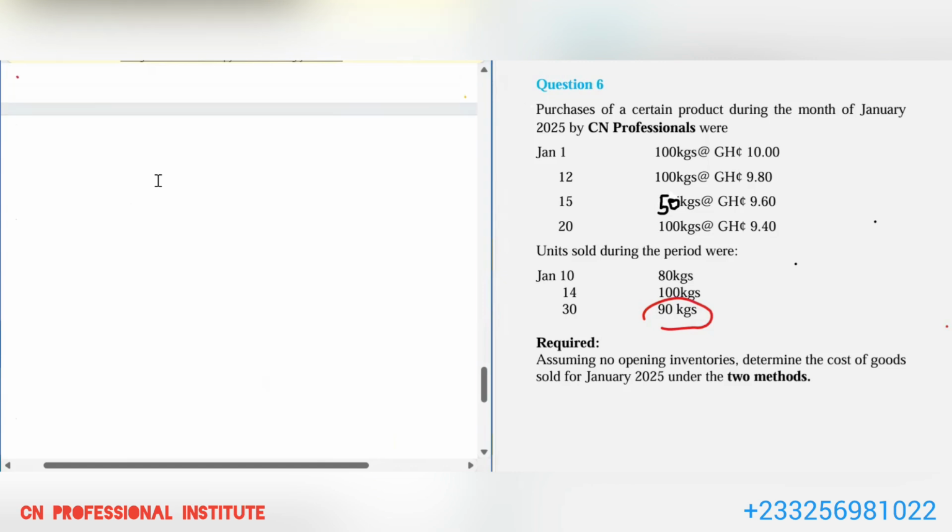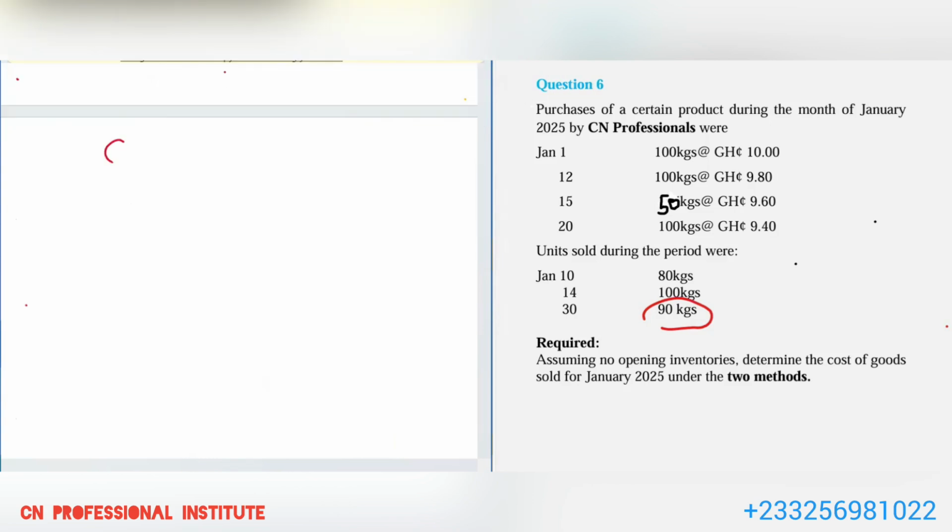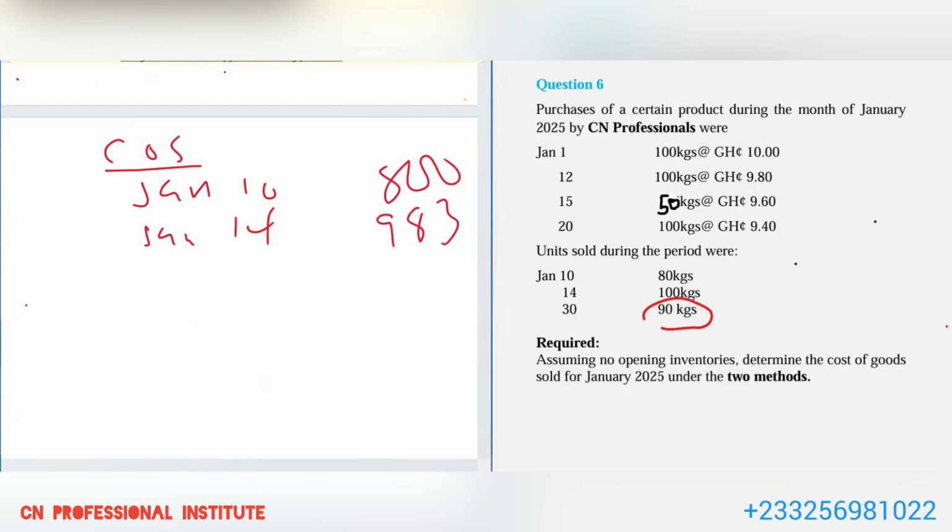Okay. So let me write here. So in getting our cost of sales, we said January 10, 800, January 14, 983, and then January 30, we have 855.90, right?